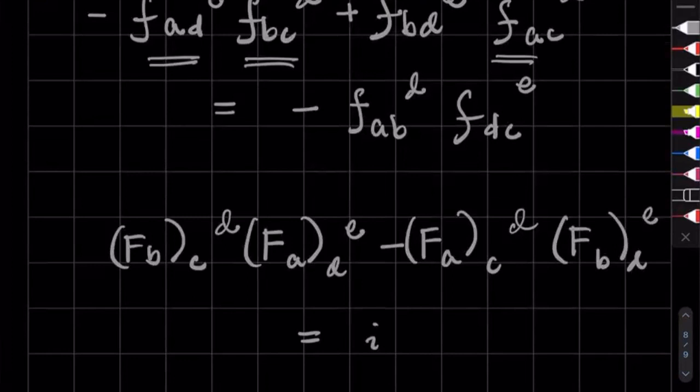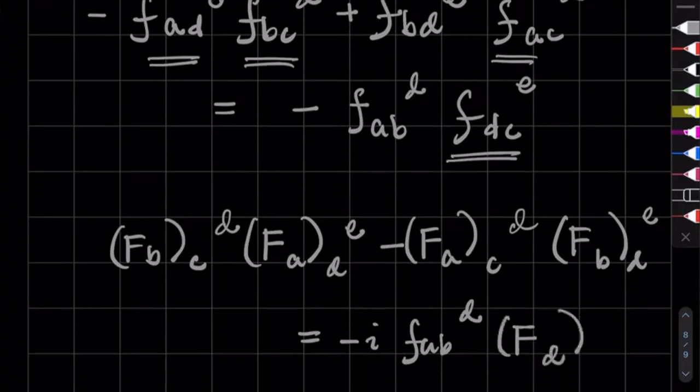And then I get a minus i, which then with f_ABD, that minus i gets absorbed into this thing, which becomes f_D, its CE element.